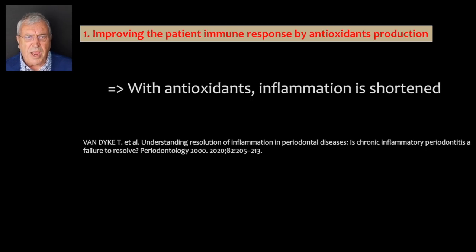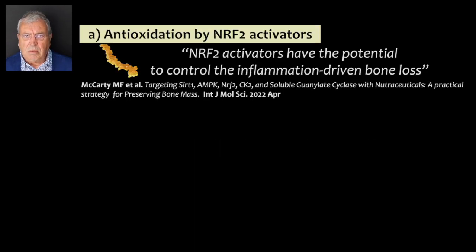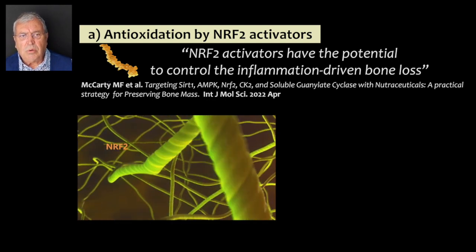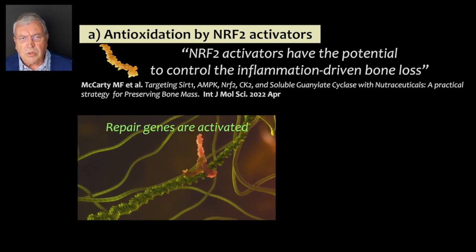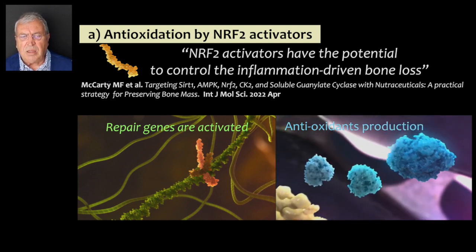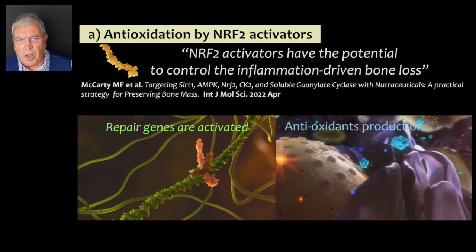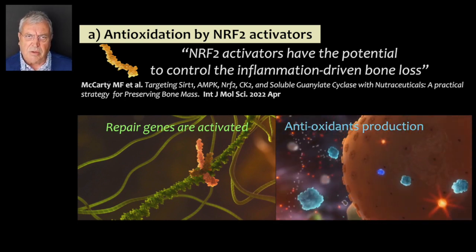This is the way. We know the nuclear-related factor 2. We need to activate this protein. And the activators have the potential to control the inflammation-driven bone loss. The NRF2 will go into the nucleus on the genes, activating them in order to produce antioxidant. And they will go to neutralize all the oxidant into the site.